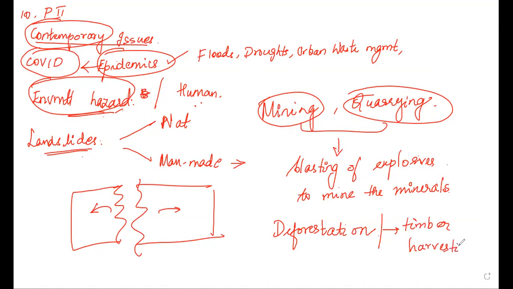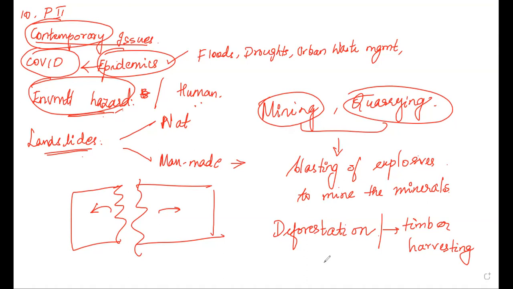Deforestation will lead to slope instability, because remember this, the roots of the trees hold the soil together. When the trees go, what will happen to the soil? The soil will be prone to events of landslide.